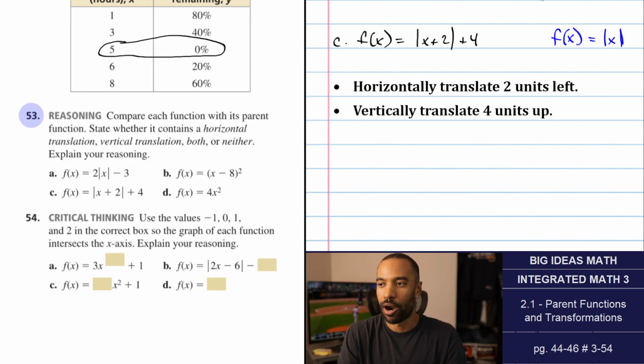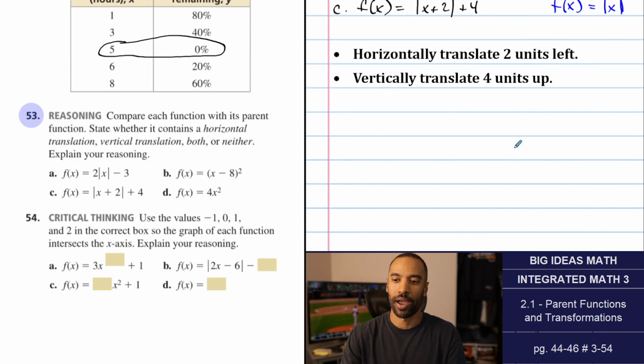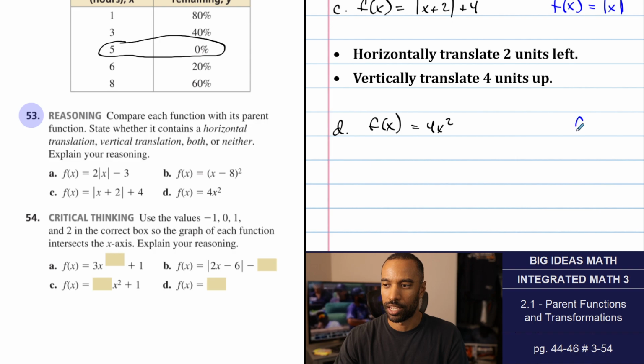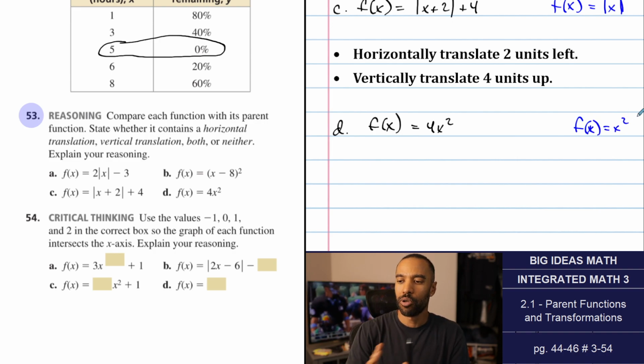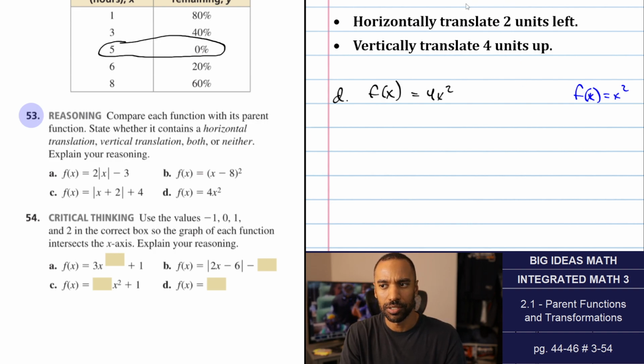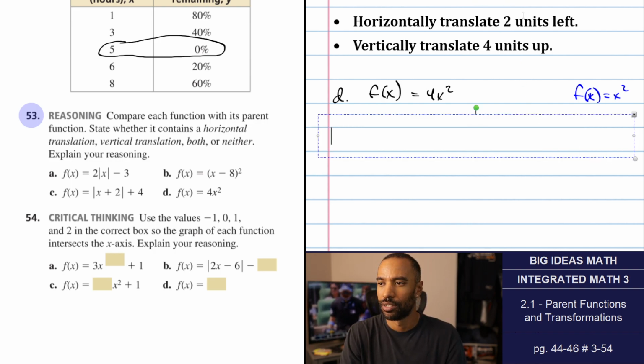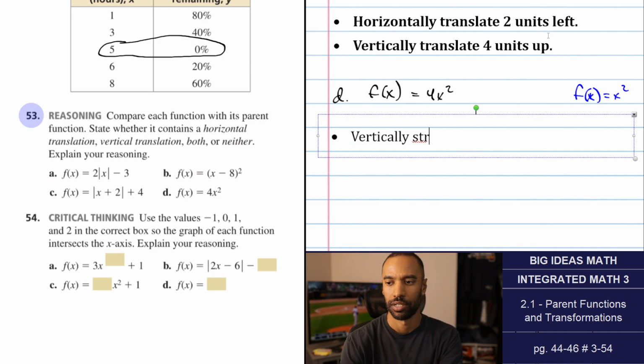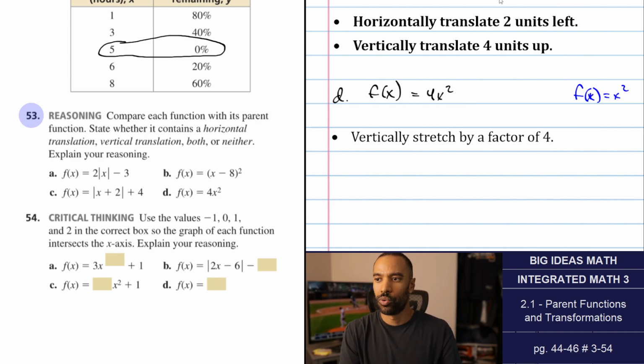The last one, part D, 4x squared, that's 4 times x squared. That's with respect to a vertical stretch. You know, I probably shouldn't be putting f of x on this side here. They should probably get a different thing. But f of x equals x squared, parent function, multiplied by 4. There's no translations. It's just a vertical stretch. So this guy, vertically stretch by a factor of 4. No translation.